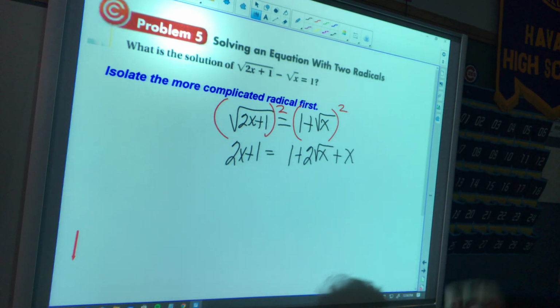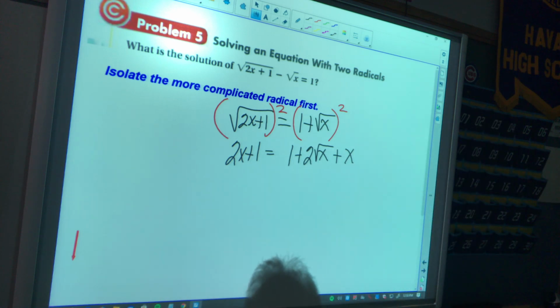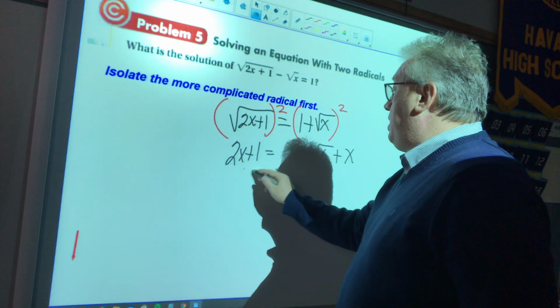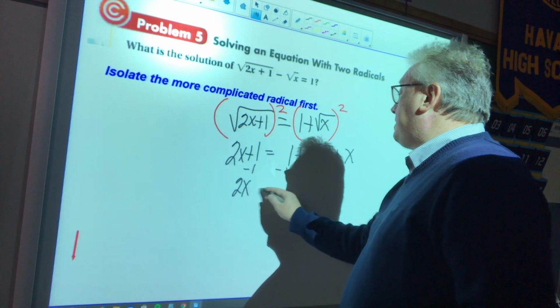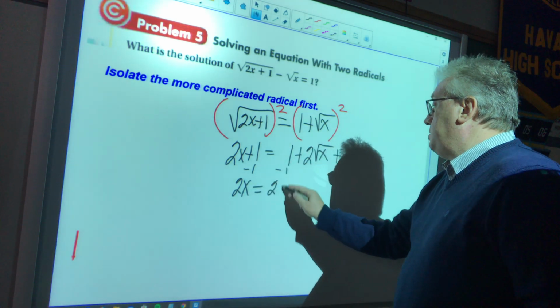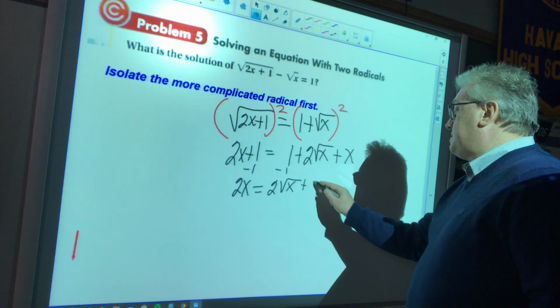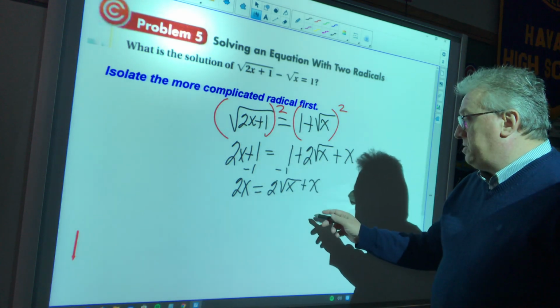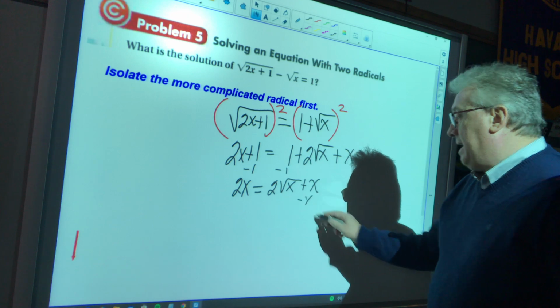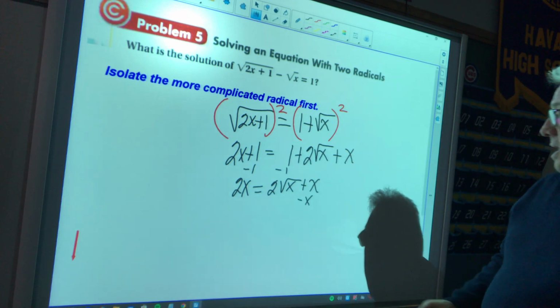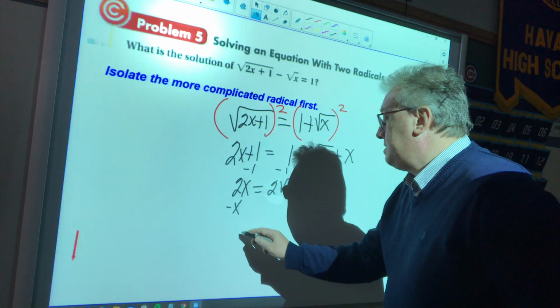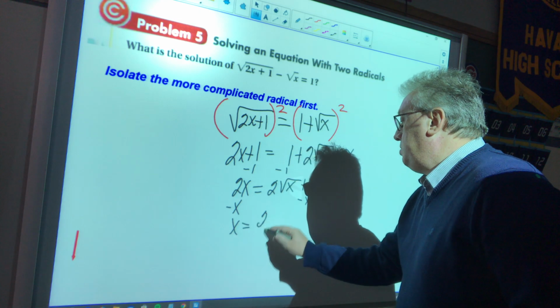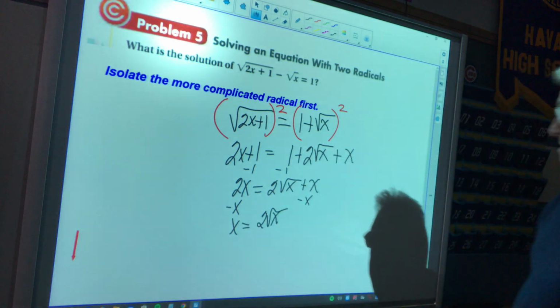Okay, now I've got to isolate the radical that I have left. Subtract 1, I get 2x equals 2 square root of x plus x. Okay, now I'm going to subtract x. x equals 2 square root of x.